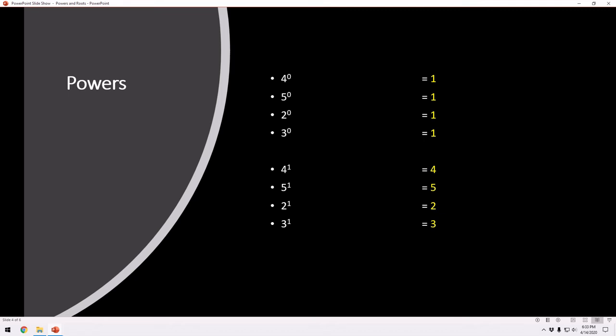Any number elevated to the first power is not going to multiply times itself, not even twice, so the result is going to be the same number. 4 elevated to the first power is equal to 4. 5 elevated to the first power is equal to 5, and so on, my friends. Very nice.